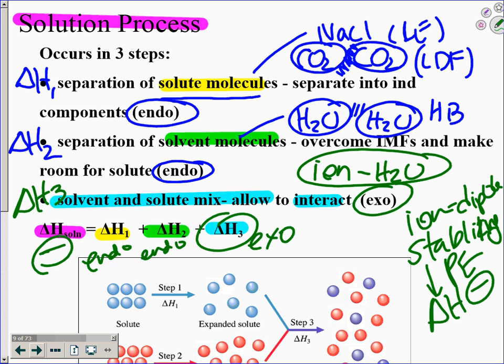The interactions are so favorable and stabilizing that it's more than delta H1 and delta H2 summed together. But we can still see a delta H of solution that is positive. What was the example we used earlier? Ammonium nitrate. If that's still occurring, we still have entropy to consider as well.